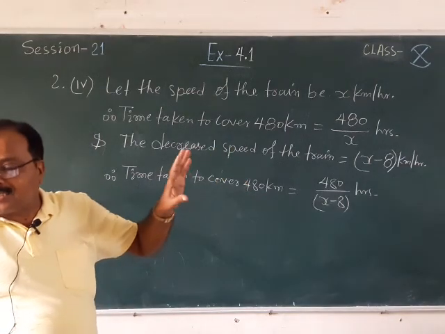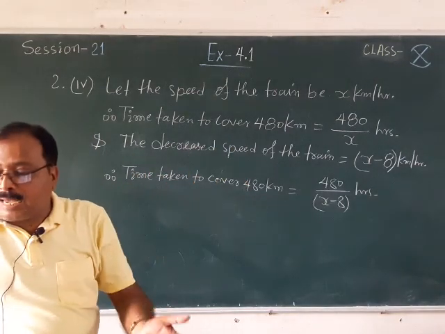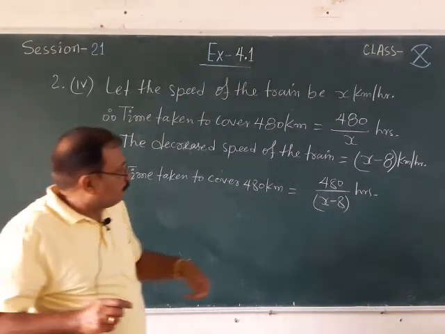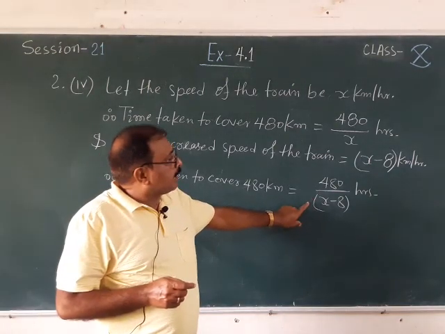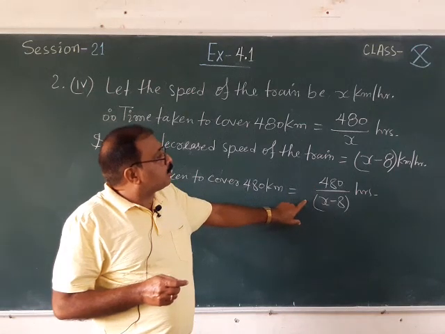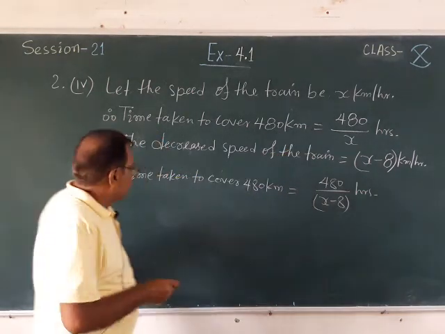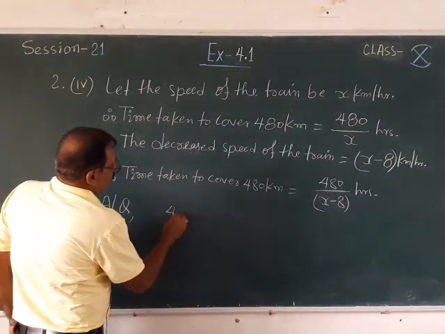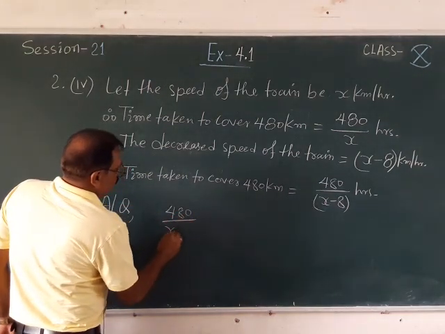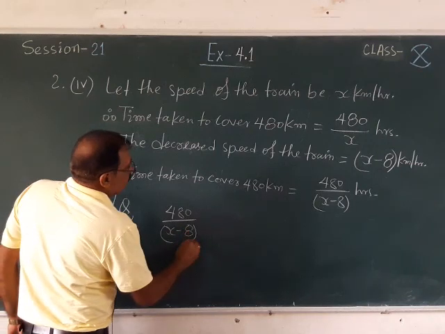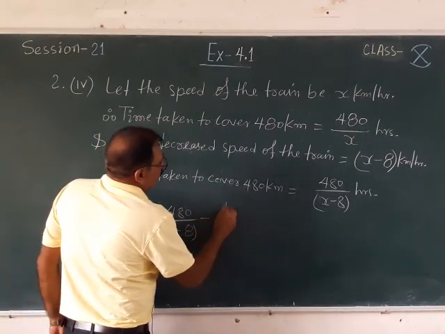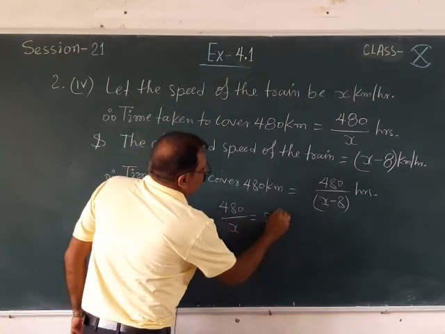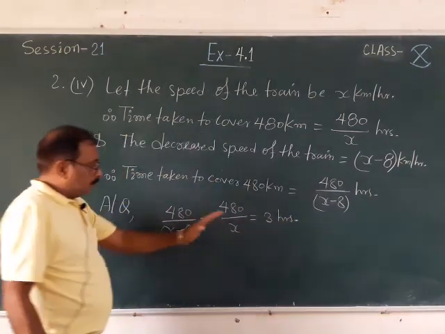But in the question it is written that it would have taken 3 hours more to cover the same distance. That means this new time is 3 hours more than the old time. So we can write according to the question, 480 upon x minus 8 minus 480 upon x is equal to 3 hours.